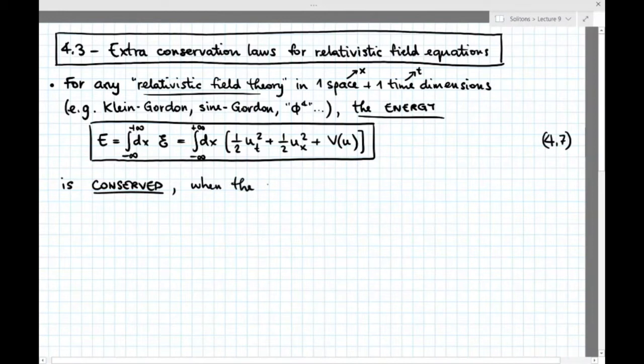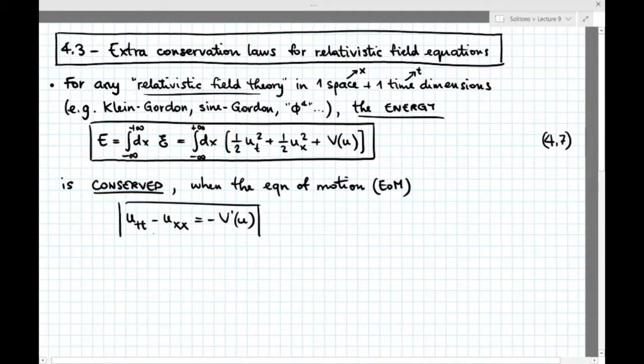When the equation of motion, or in brief EOM, which takes the general form u_tt minus u_xx equals minus V prime of u, is satisfied.